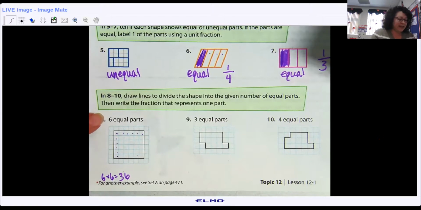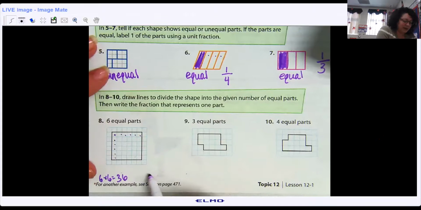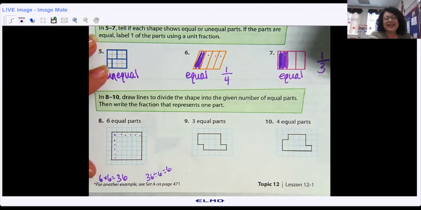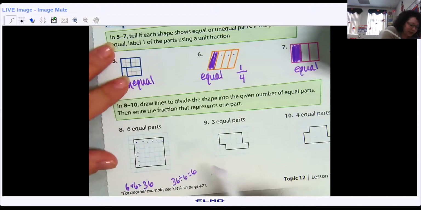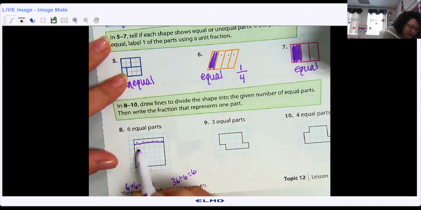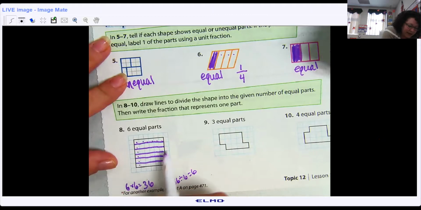And if we're dividing it into 6 equal parts, I know if I do my fact family, 36 divided by 6 is 6. So each part is going to have 6 squares in it. There's a couple ways you could do it. I could do it this way, because I already counted there's 6 across and 6 down.